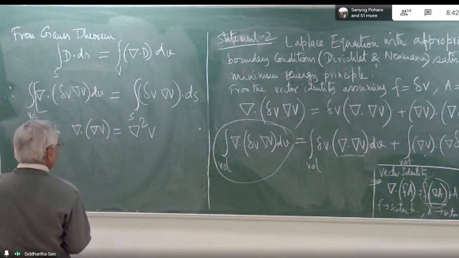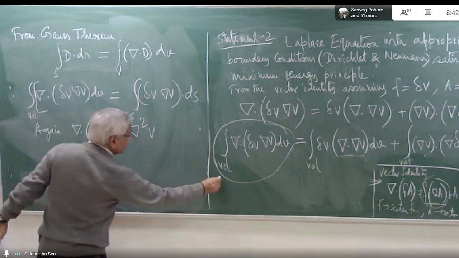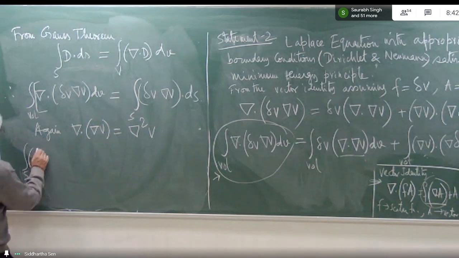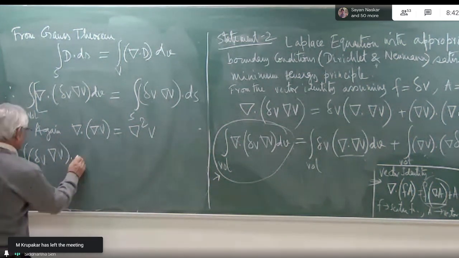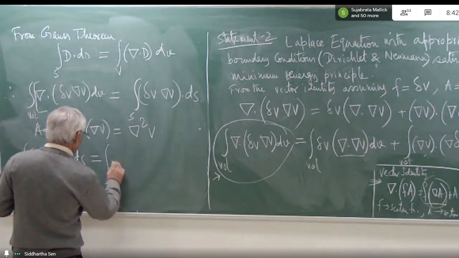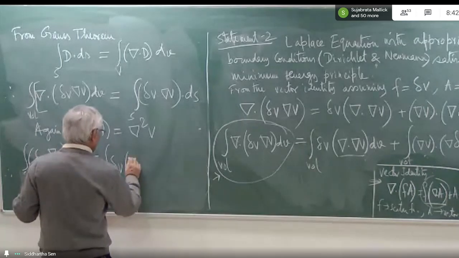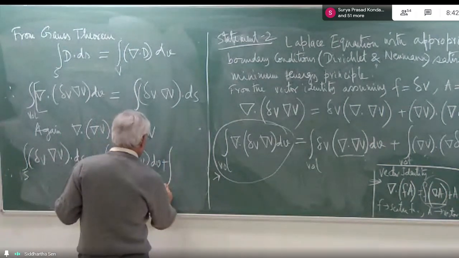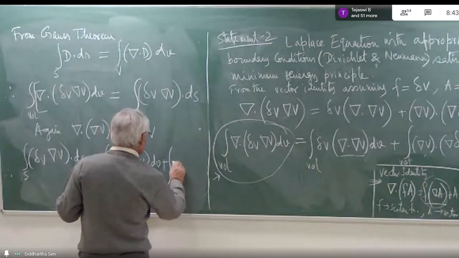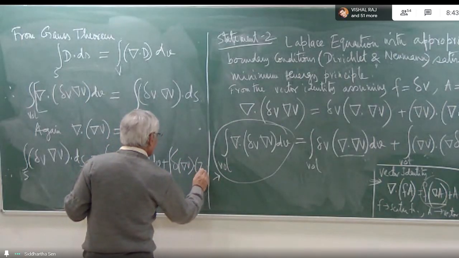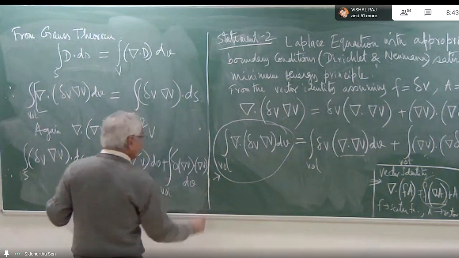So from this last equation, the surface integral of delta v into nabla v dot dS is equal to the volume integral of delta v into nabla square v dv, plus the volume integral of delta v dot nabla v dv.